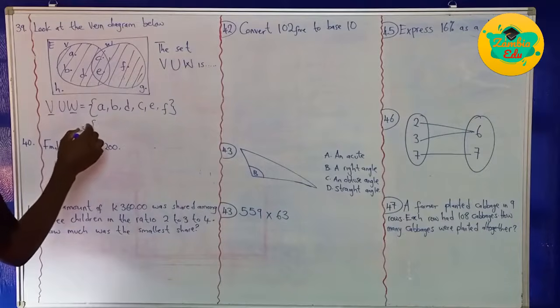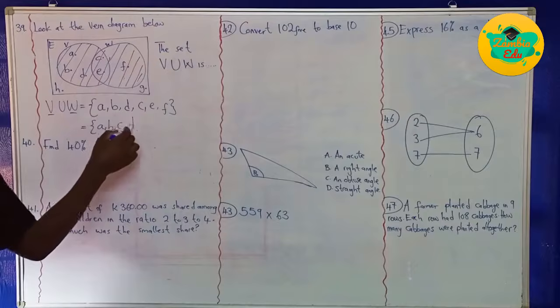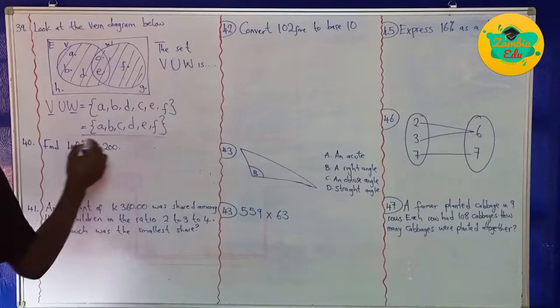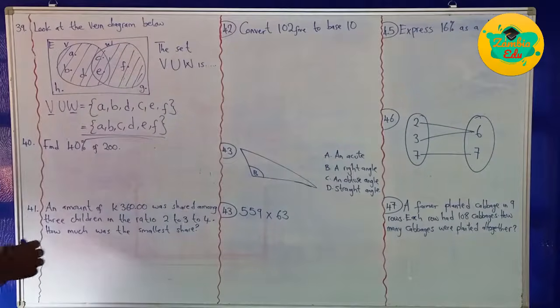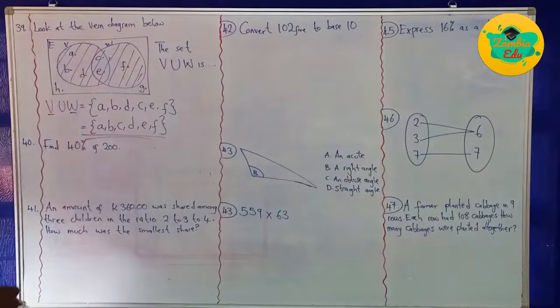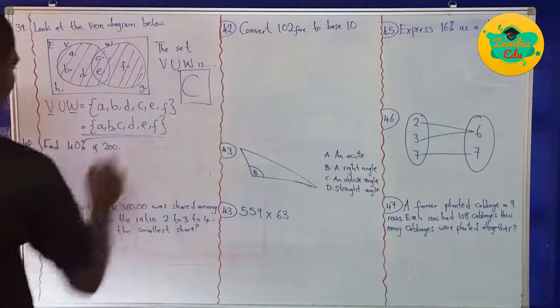So you can even arrange it in order there and say A, B, C, D, E, F. And that becomes our answer. H and G are not part of the answers because these are elements found outside the union of V and W. So if you look at question 39 and the multiple choice that came, our answer A, B, C, D, E, F is represented as option C, and therefore our answer for 39 was C.